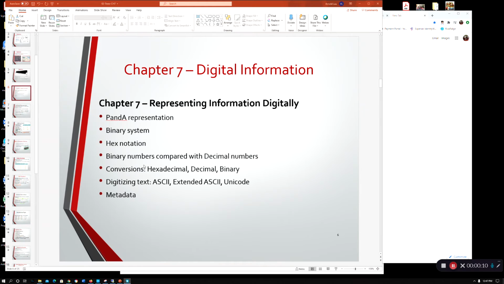We're going to give a quick introduction about digital or binary representation as well as hex representation. So you can see here the idea of a PandA representation, which is presence and absence, the binary system, hex notation, binary compared to decimal.